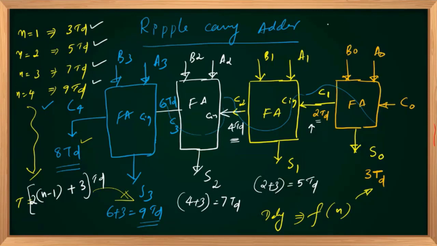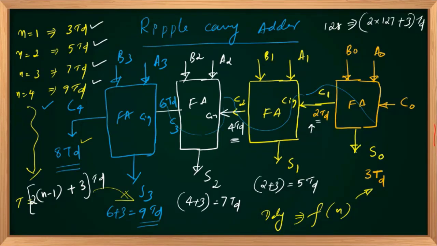Right. So if you are having 128 bits, then the delay will be proportional to 2 times 127 plus 3, that many gate delays. If you're having a cascaded adder or a ripple carry adder with 128 stages, you'll have 2 times 127 plus 3, that many gate delays. Right, very good.